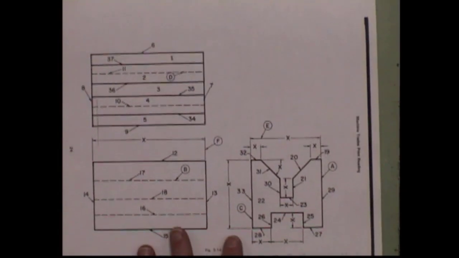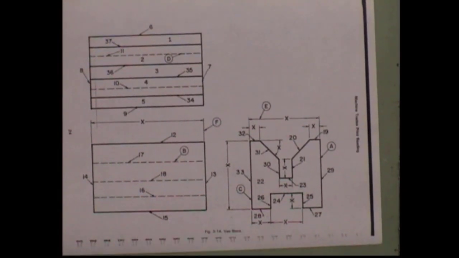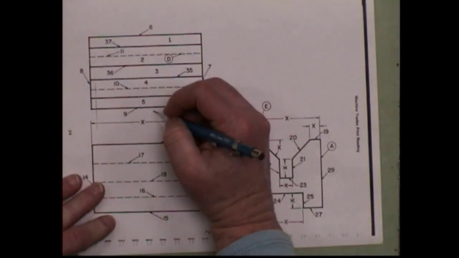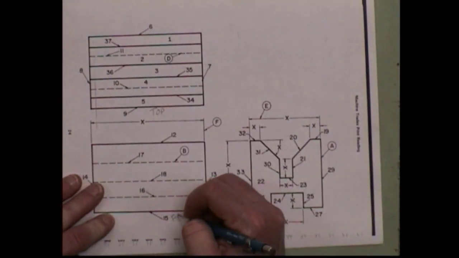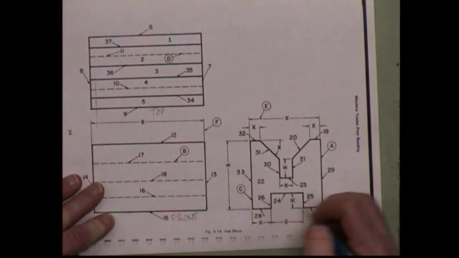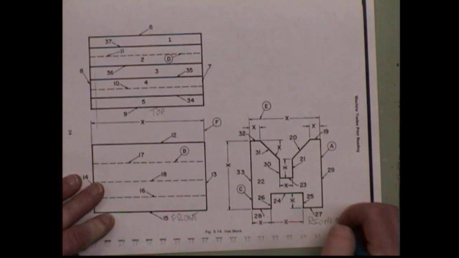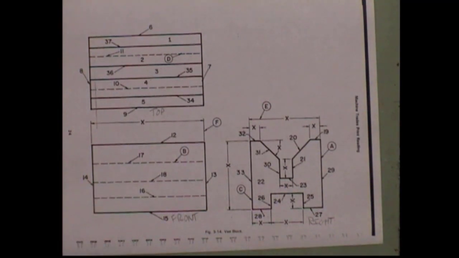Okay? So if we're looking at it, we know that this is going to be the top right here. This one is the front. And this one is the right side. Okay? And then we're asked all these questions on, what line that's in the right side view is the same in the front view, and so forth.